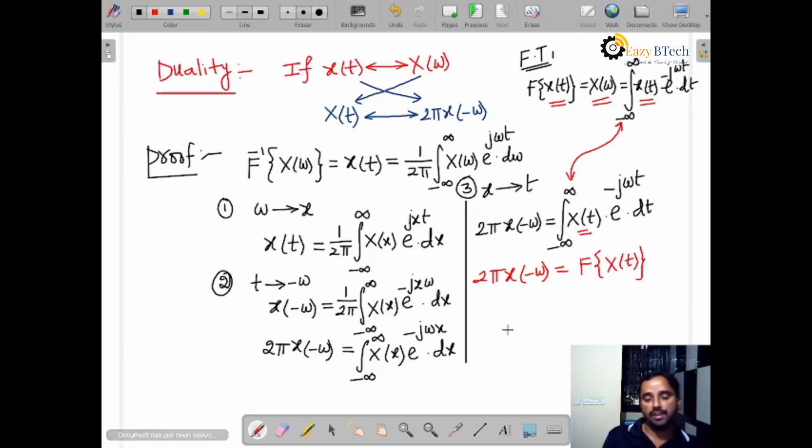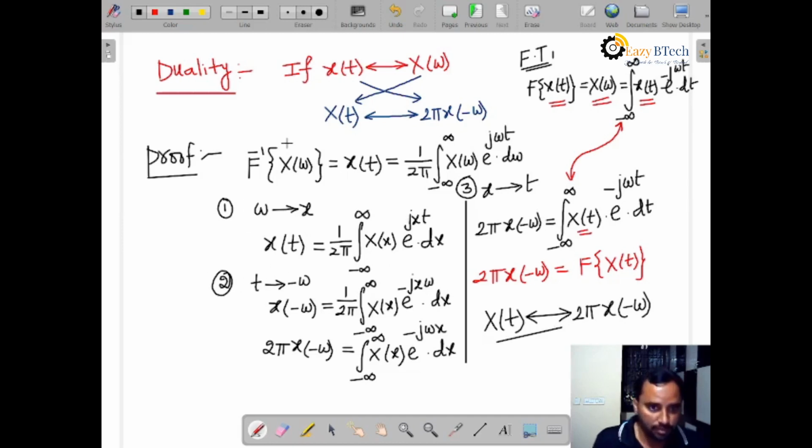So finally we can write like this using a pair: Fourier transform of capital X of t is equal to 2 pi into x of minus omega. So very important, just 3 steps. Omega is replaced by x, t is replaced by minus omega, and finally x is replaced by t. Right? Duality property. Very easy and important.